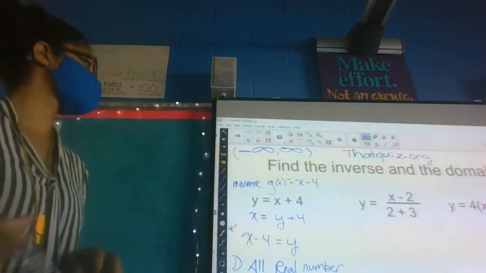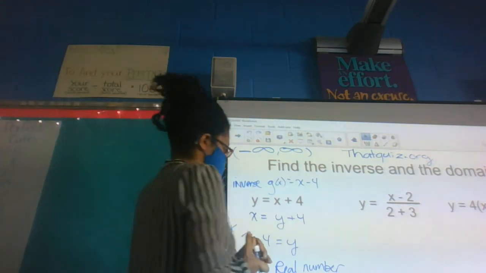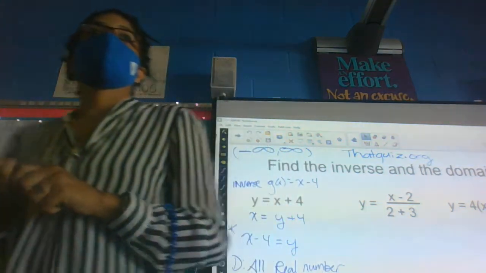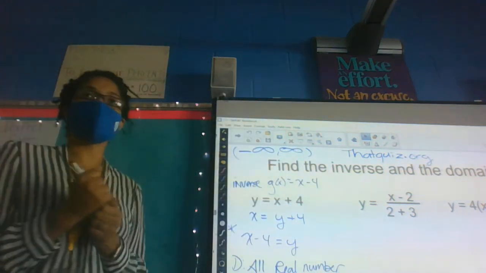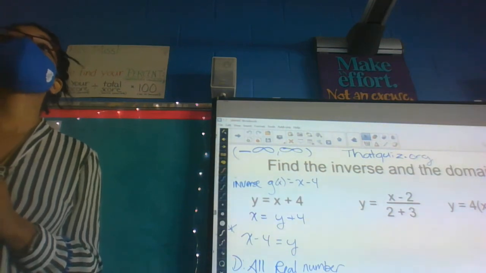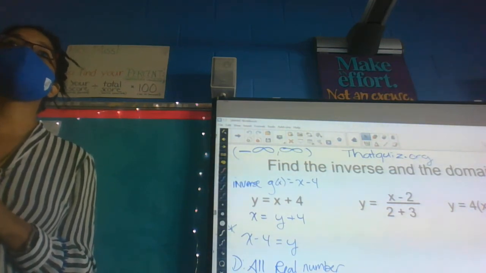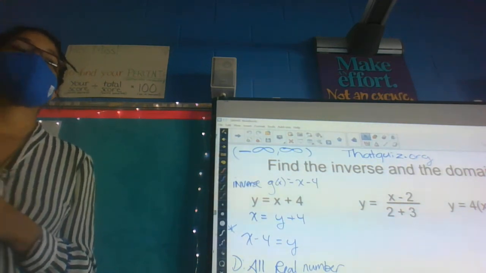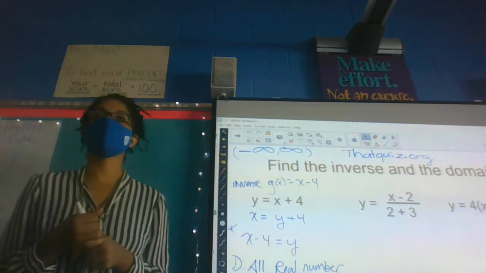All right, the next one. Before we start to solve for anything, what do we need to do? This is not written in correct format. What do we need to do before we switch to an x and a y?